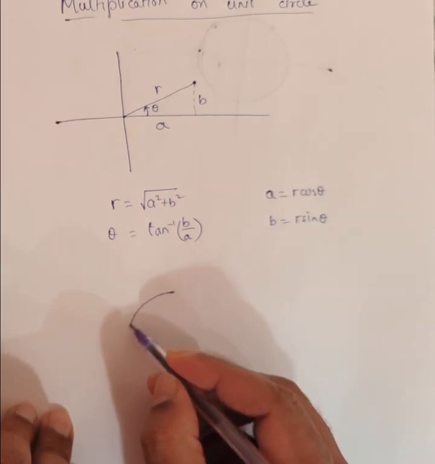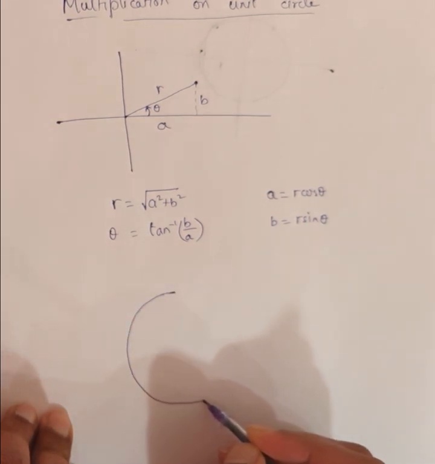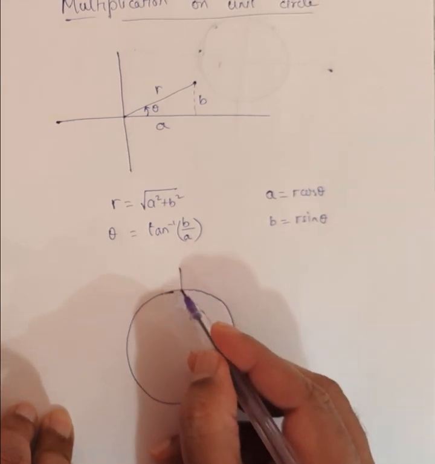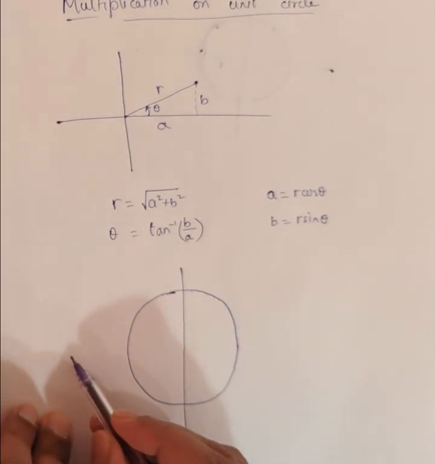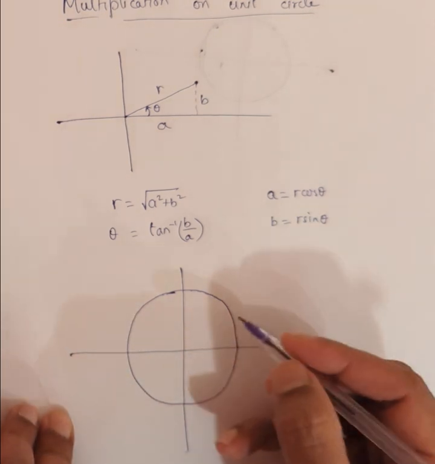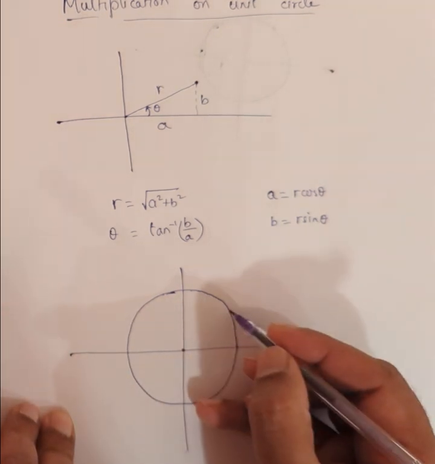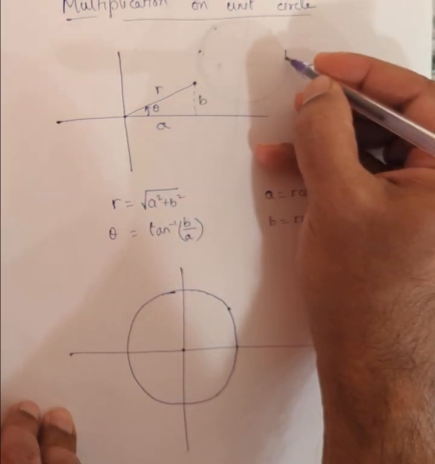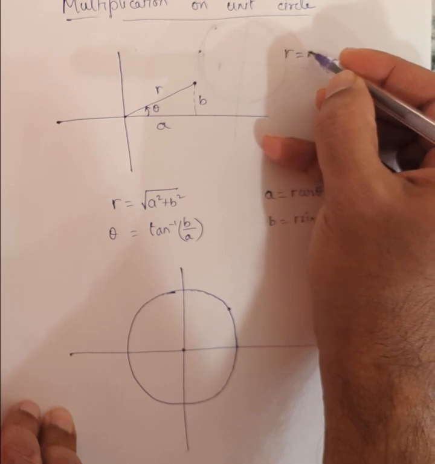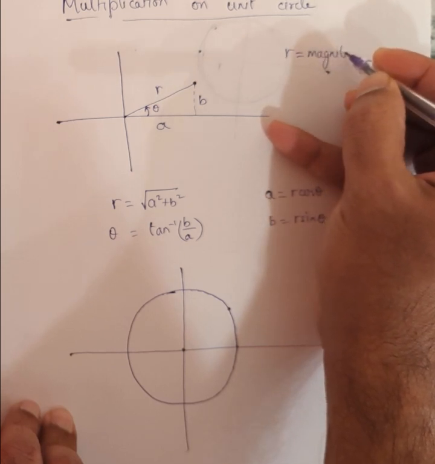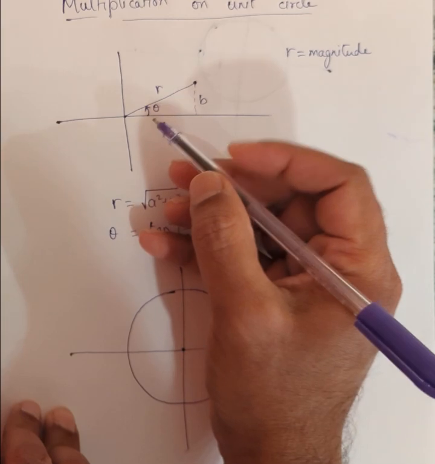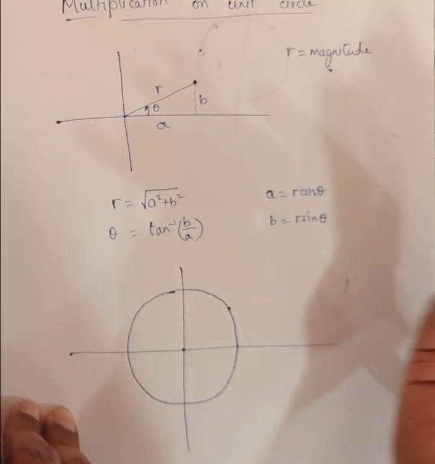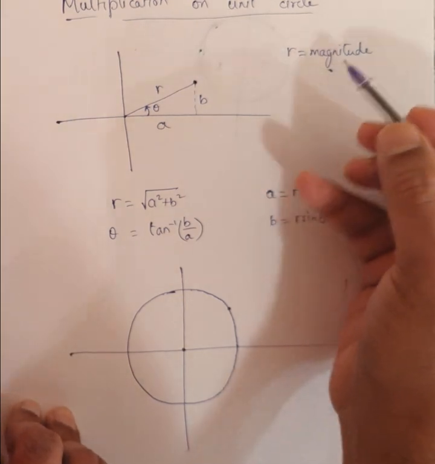On the unit circle, the radius is 1 and the center is the origin. By the way, this r is called the magnitude or the absolute value, just like the distance of any point on the real number line is called the absolute value or the magnitude.